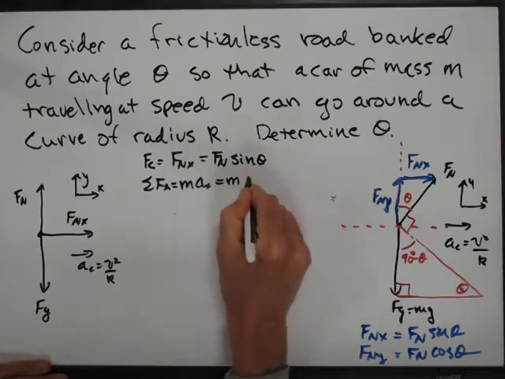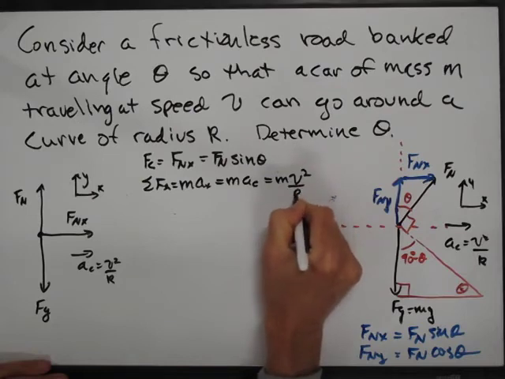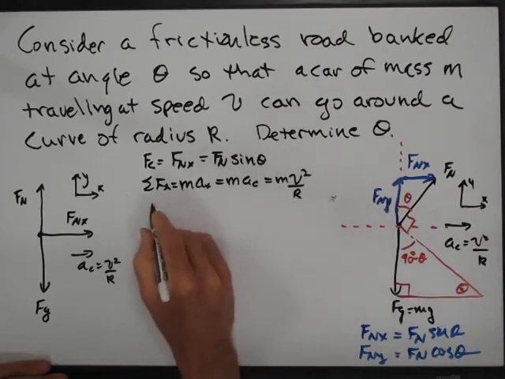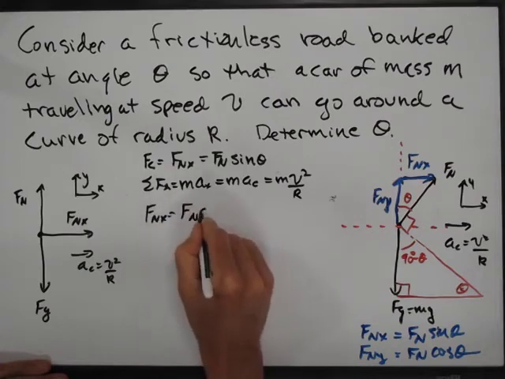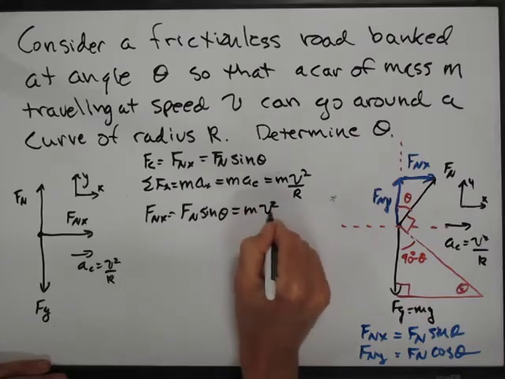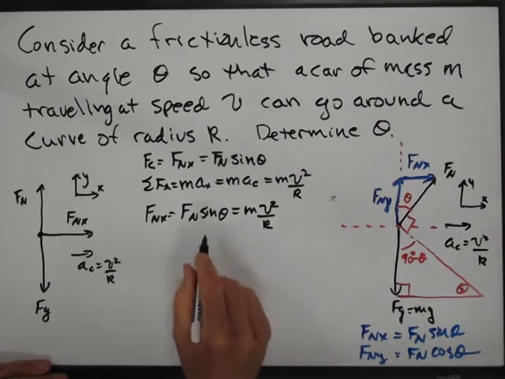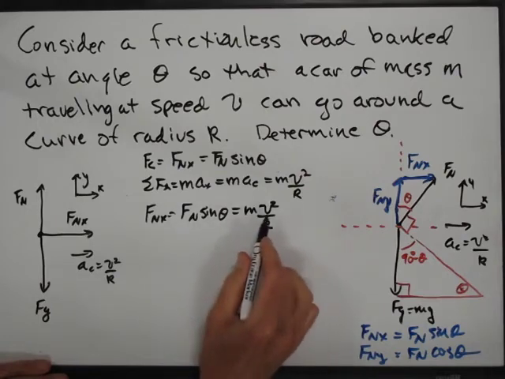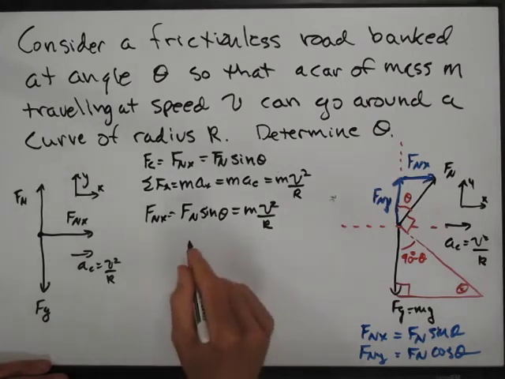That's equal to m a sub c, which is m v squared over r. And those forces are just Fnx, which is Fn sine theta, equal to m v squared over r. So I have a relationship between theta and v squared and r and m, but I've got this Fn in there, and so I've got to work that out somehow.